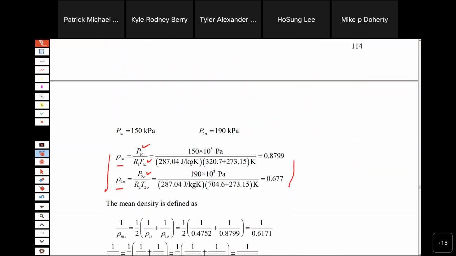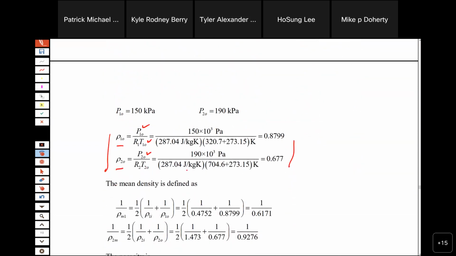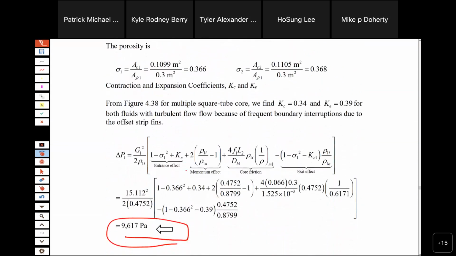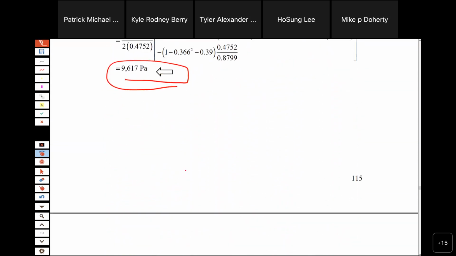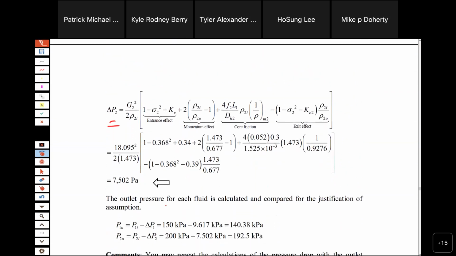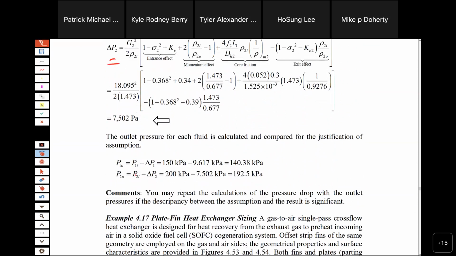Once we have a pressure drop, okay, so pressure 2, and then the outlet pressure and temperature, we figure out.